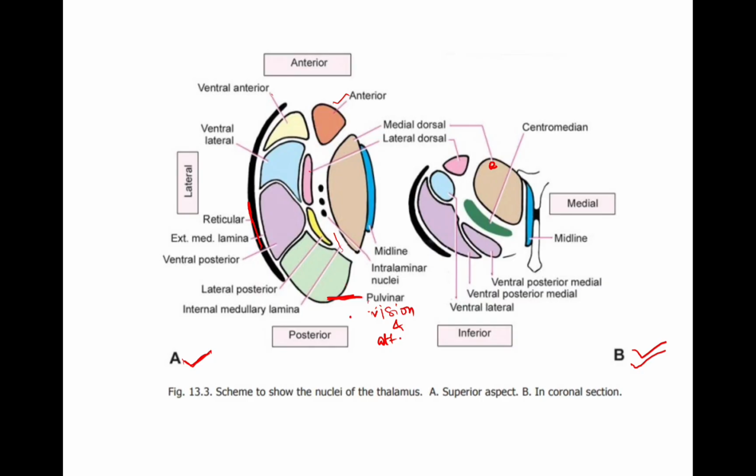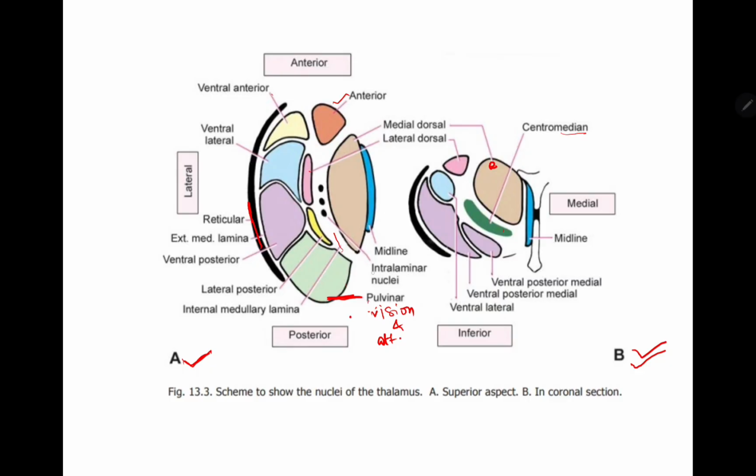Whereas centromedian, the green one here, is in the deep center and it helps in wakefulness and pain. Intralaminar nuclei are small groups inside the Y-shaped lamina.